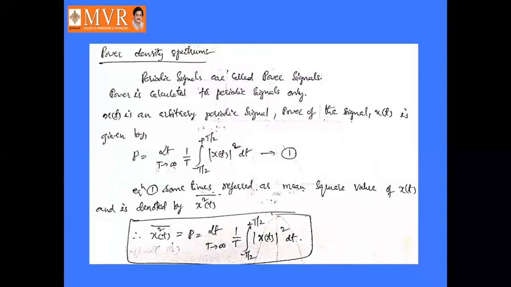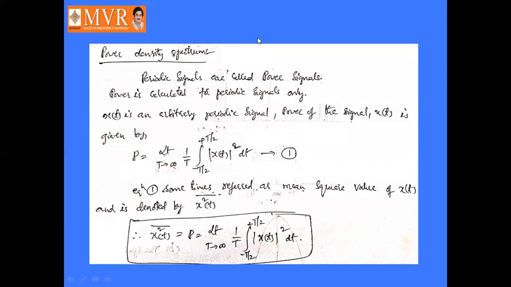Next, in the same way, we can discuss the power density spectrum, as in the earlier unit. Power is calculated for periodic signals, which are called periodic power signals. So x(t) is an arbitrary periodic signal. The power of the signal x(t) is given by P = limit T tends to infinity 1/T ∫ from −T/2 to +T/2 |x(t)|² dt, that is equation number 1.